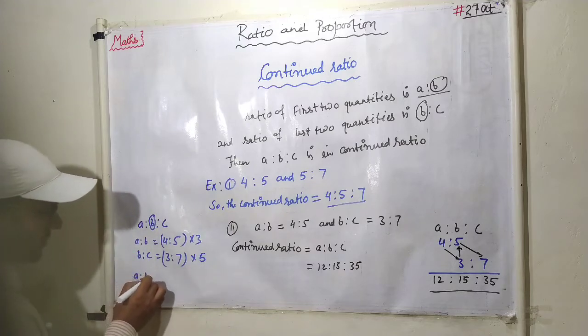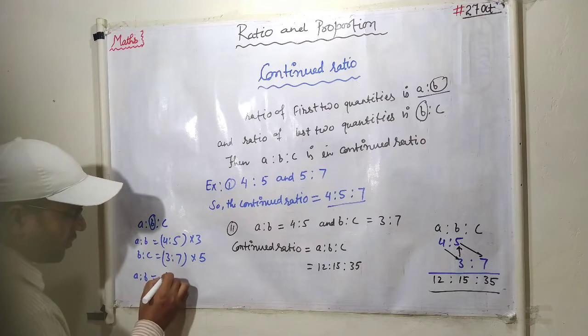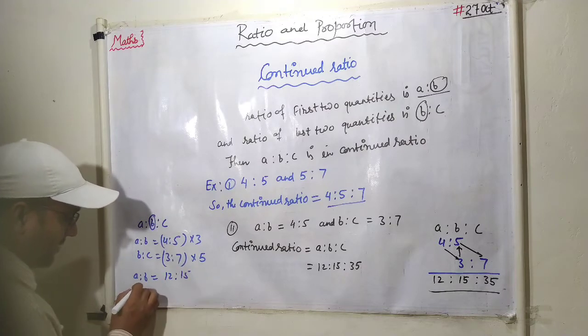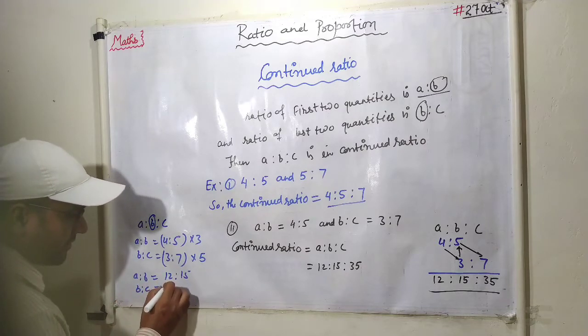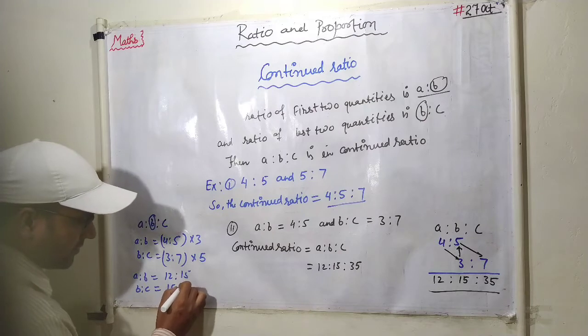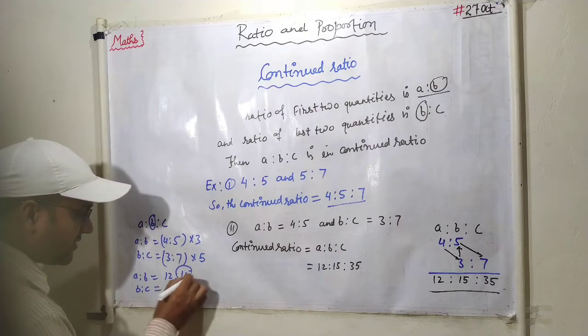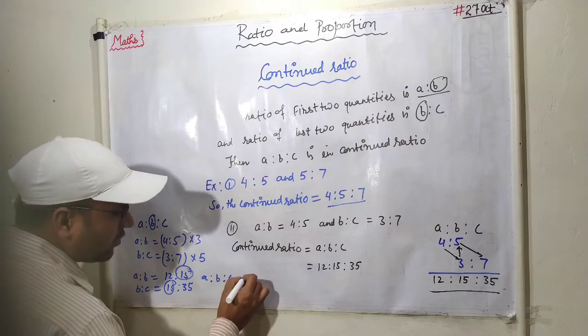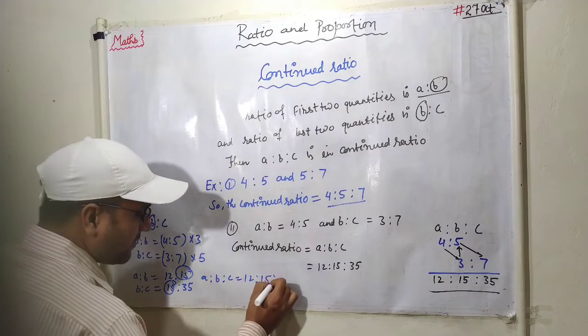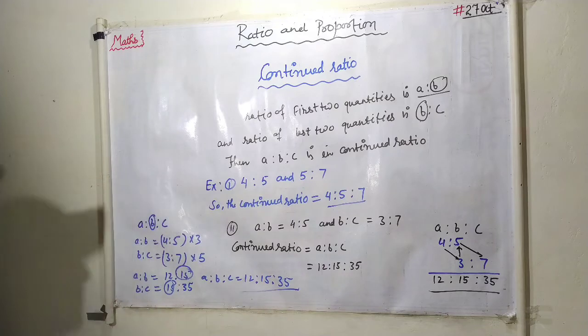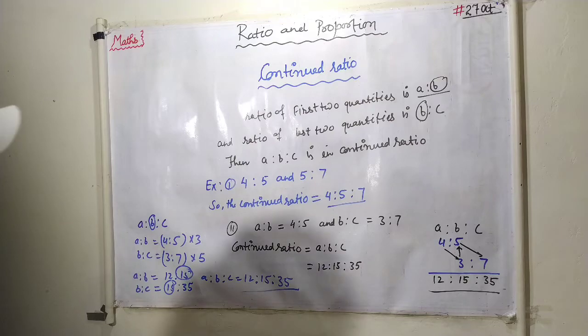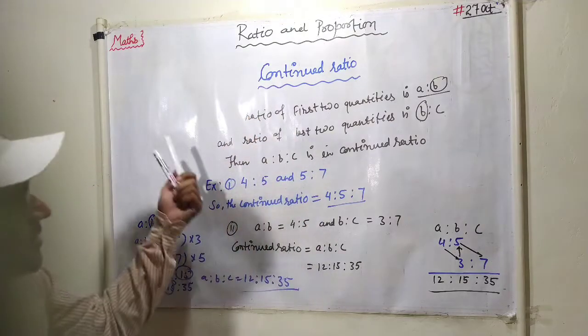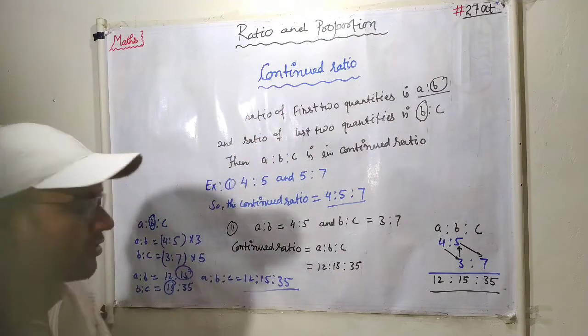So A ratio B you will get 12 ratio 15, and B ratio C you will get 15 ratio 35. You see B is common in that one. So A is to B is to C is equal to 12 ratio 15 ratio 35. This one also gives the same 12 ratio 15 ratio 35, students. So this is a continued ratio and it is very useful.